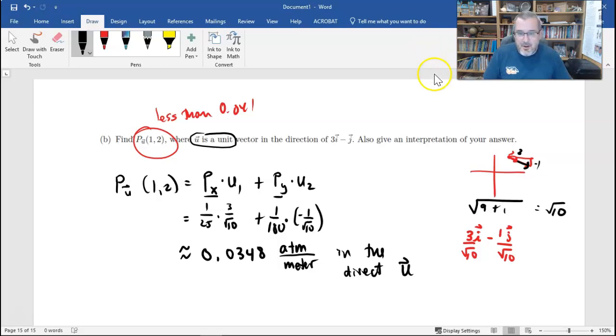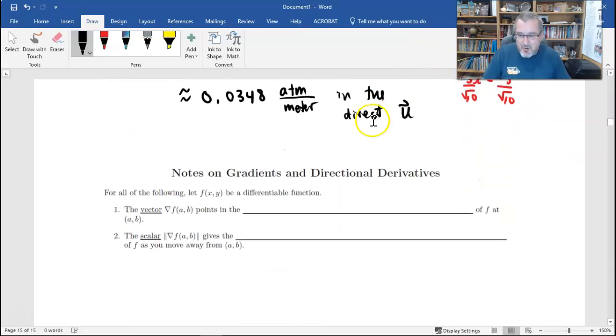All right, so at the bottom of this page, there's some nice summary. There's the gradient vector. The gradient vector points in the direction of, let's call it, maximum increase.